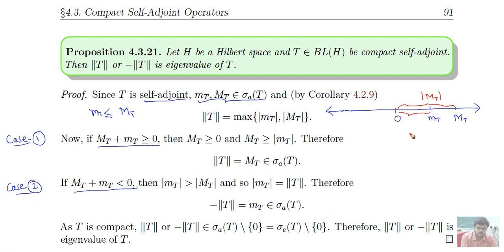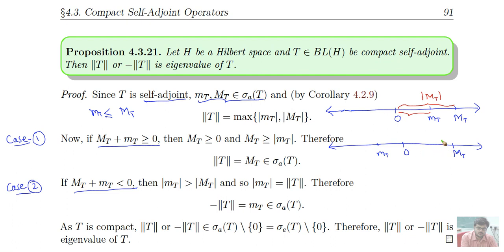So in this case this is greater, and we have to consider another case when one is negative and one is positive. So suppose capital M(T) is positive, and suppose small m(T) is negative, so where can it be? It can be somewhere here. The distance cannot be more than this distance.